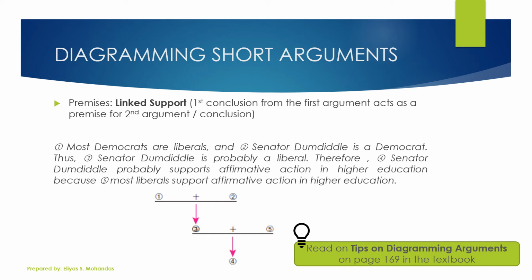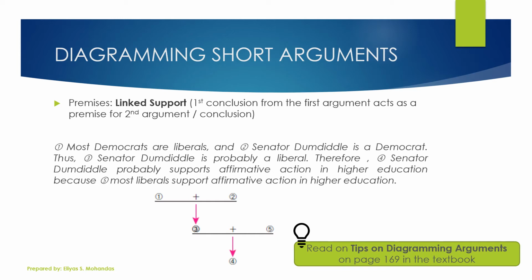So the statement after the word thus is basically the conclusion. The fourth is Senator Dumdiddle probably supports affirmative action in higher education, because most liberals support affirmative action in higher education. So you can see that number 4 acts as the conclusion for the second argument.